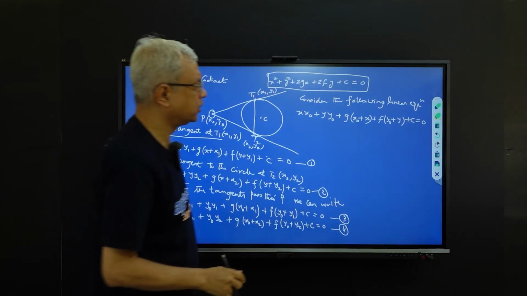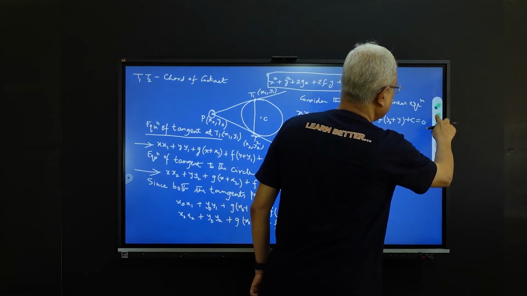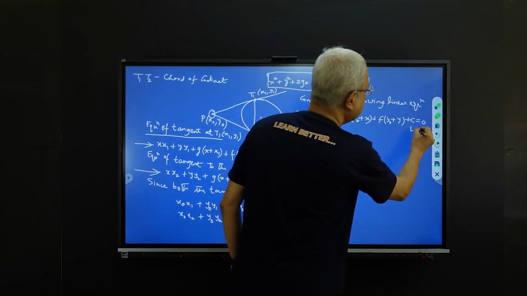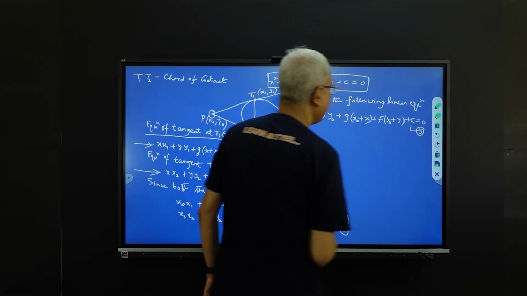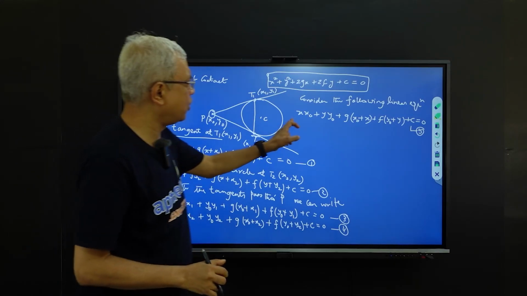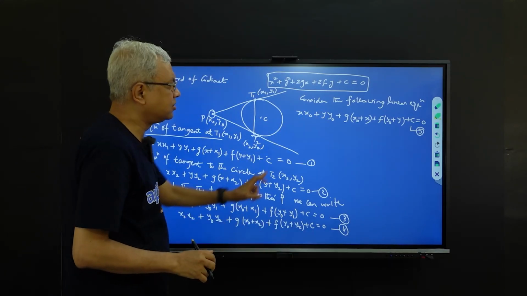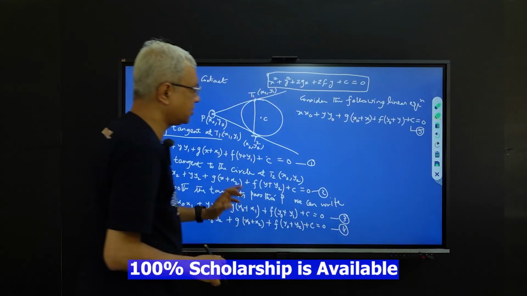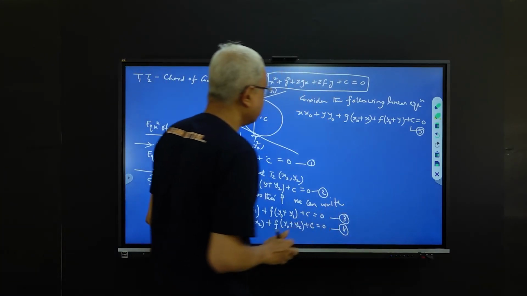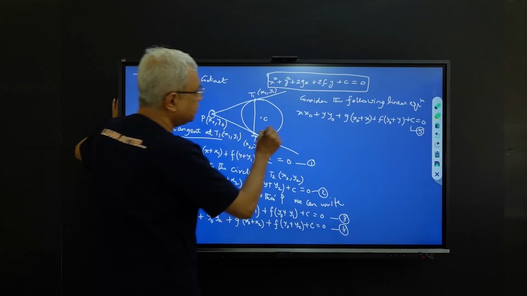Call this equation 5. Consider equation 5, which is x0 x plus y0 y plus g(x0 plus x) plus f(y0 plus y) plus c equal to 0.